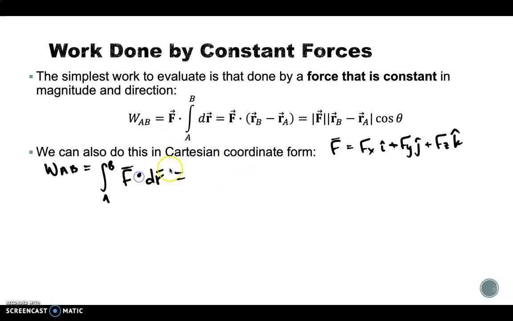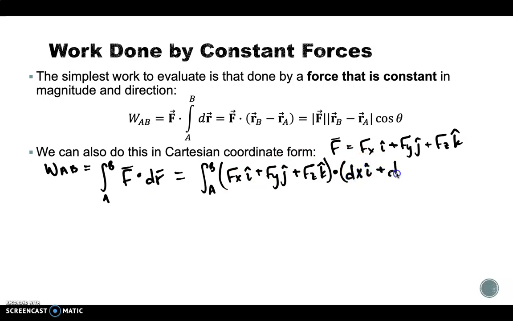All right, let's put that in here. We have our integral from A to B, and our F vector, which is F sub x i hat plus F sub y j hat plus F sub z k hat, dotted into dr, which is dx i hat plus dy j hat plus dz k hat.